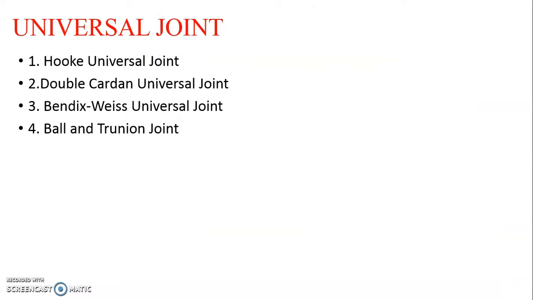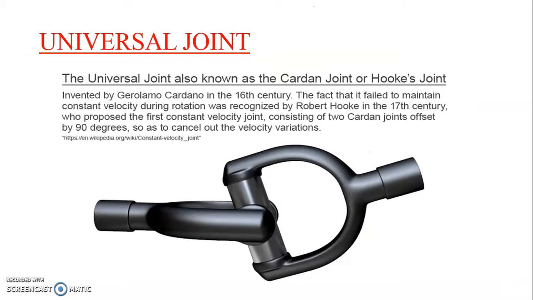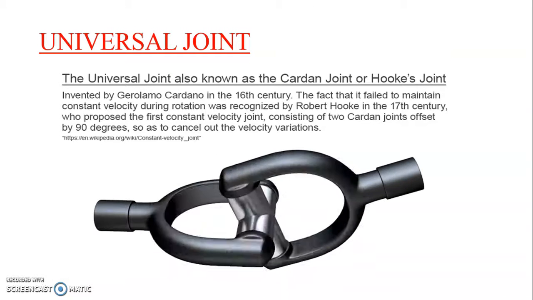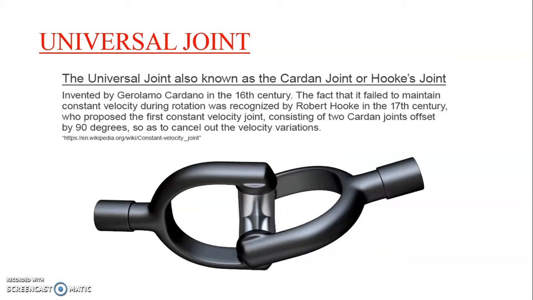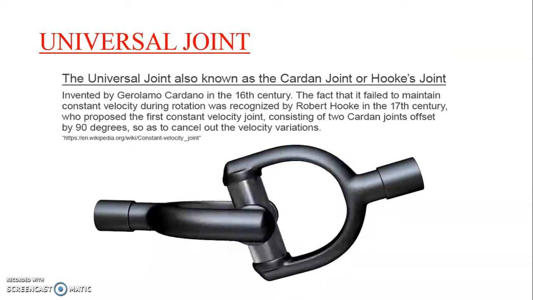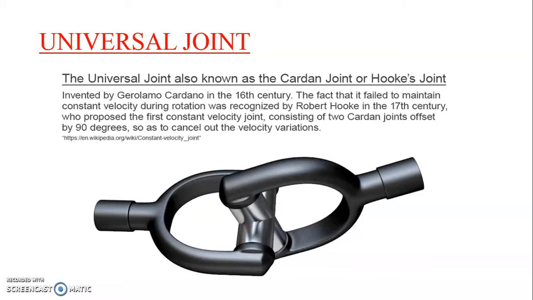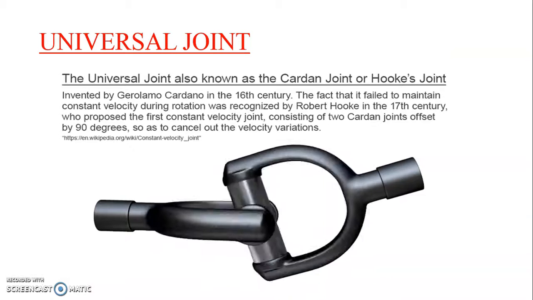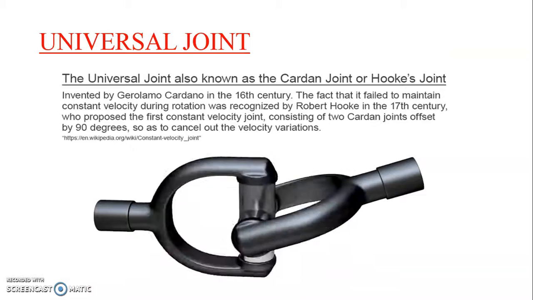Okay, we have seen it. Just see the different universal joints. The universal Hooke joint was first invented by Cardan, but it was modified by Robert Hooke, because in the previous case we were not getting a constant velocity ratio.